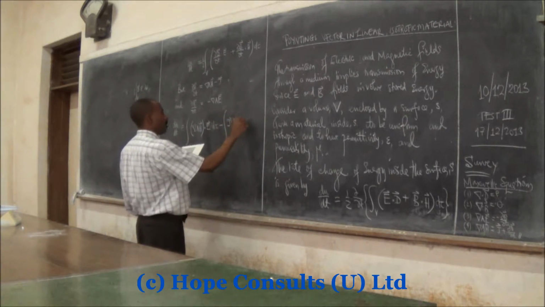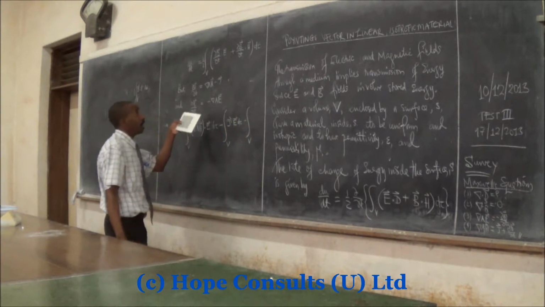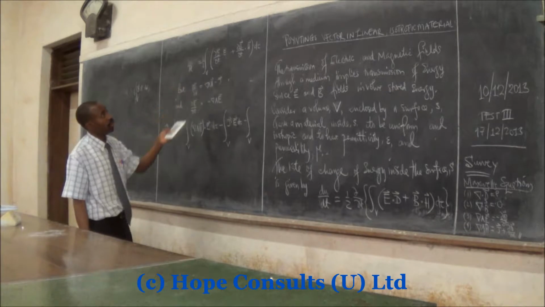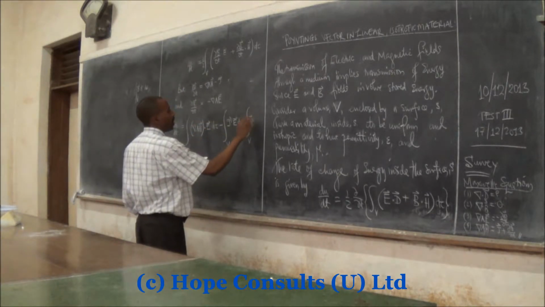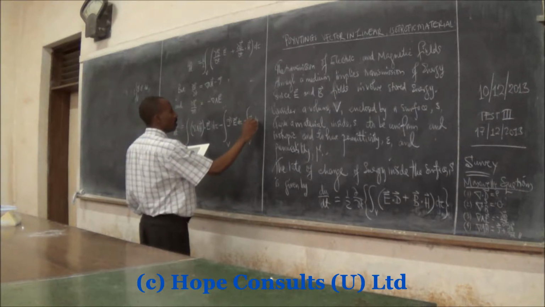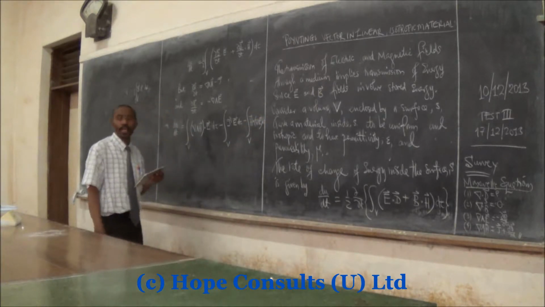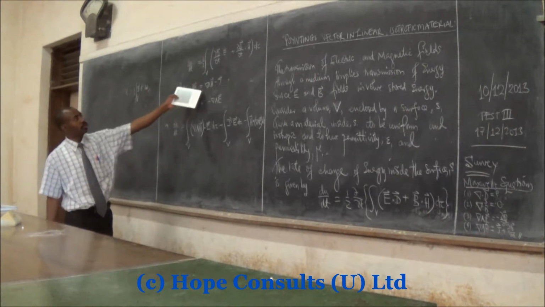Now I subtract the integral over volume V of the other part, which will be H dot the curl of E, d tau. I've just substituted these in here.